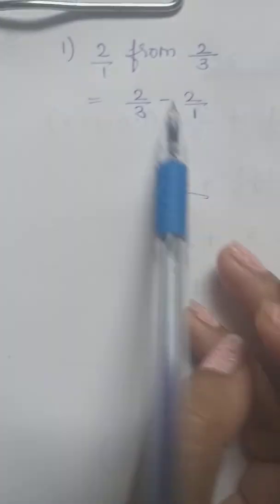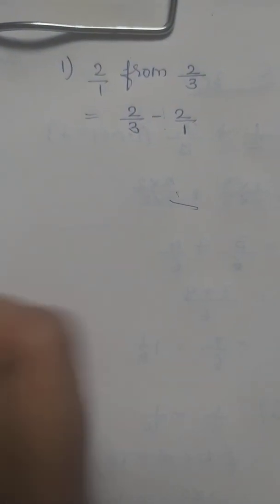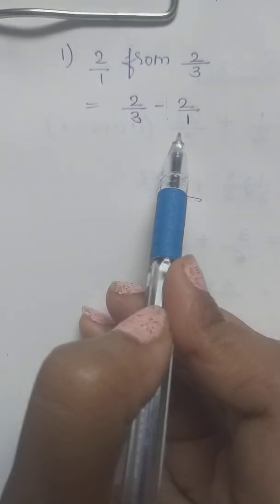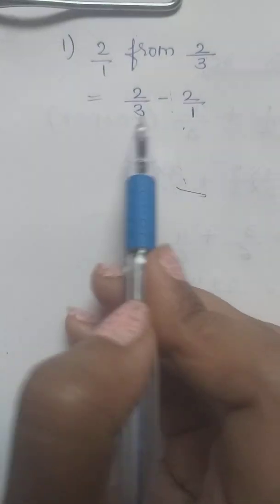See, we'll write it like this. 2 by 3 minus 2 by 1. Why? Nothing is in the denominator, so we'll consider it as 1. Now do the simple subtraction, but in this we have to make the denominator the same. So what should I multiply 2 by 1 by to get 3 in the denominator?